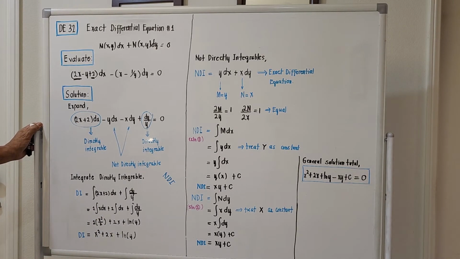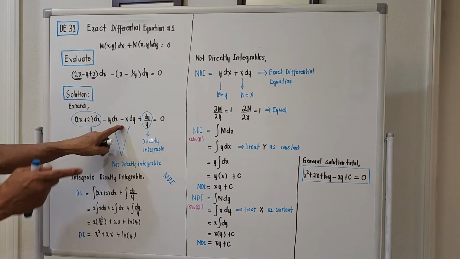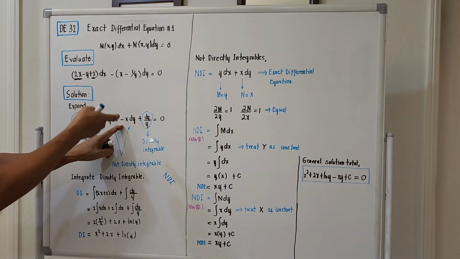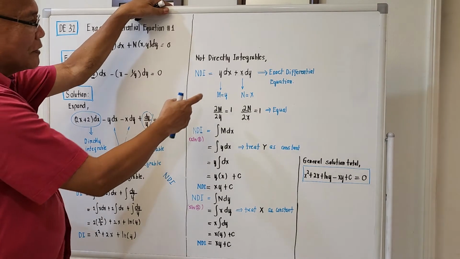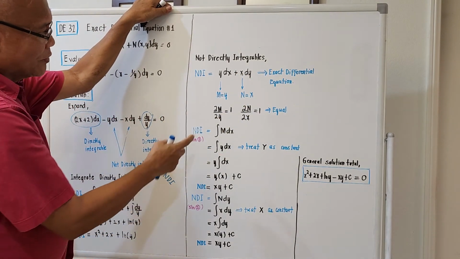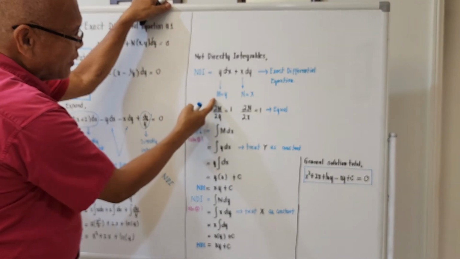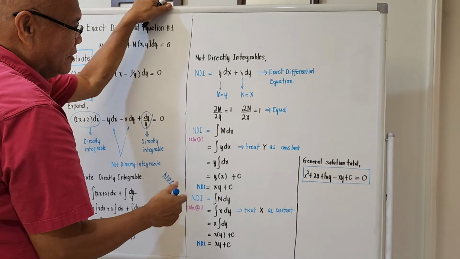Let's try to bring out the main problem, the integral of those not directly integrable. Actually, there are two, right? y dx and x dy. We forget for the meantime the negative sign. Later on in the final answer, we will place the negative. Those not directly integrable will be equal to y dx plus x dy. So in here, M is y, and N is x.